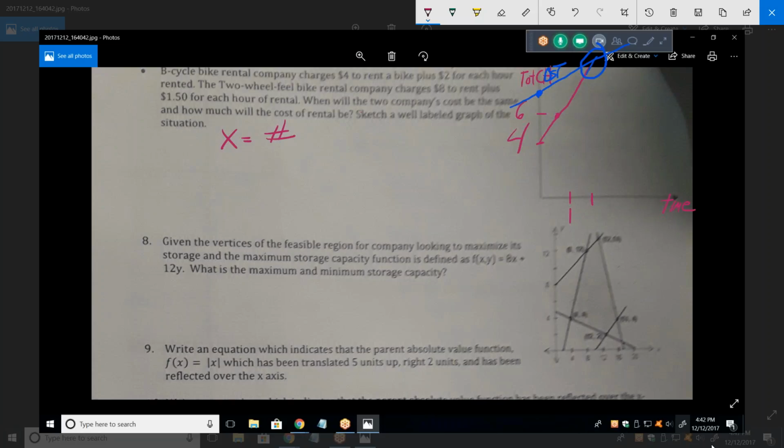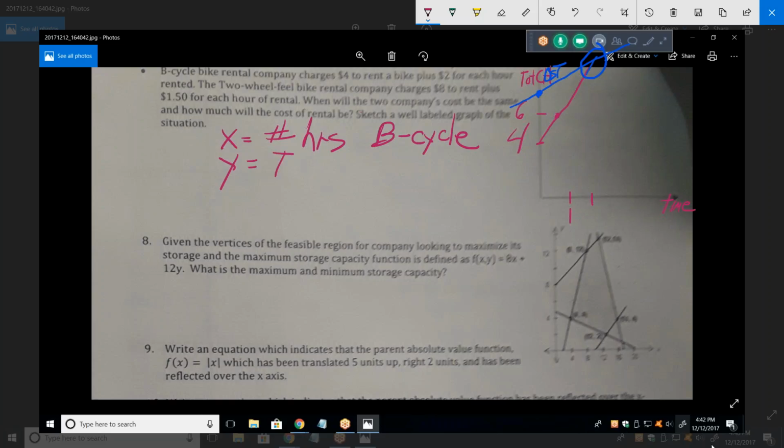Hold on, I'm rereading the problem. B-Cycle, bike rental company, charges that and that. Two-wheel field bike rental company. Okay, so X is going to be the number of hours for B-Cycle. What's Y going to be?